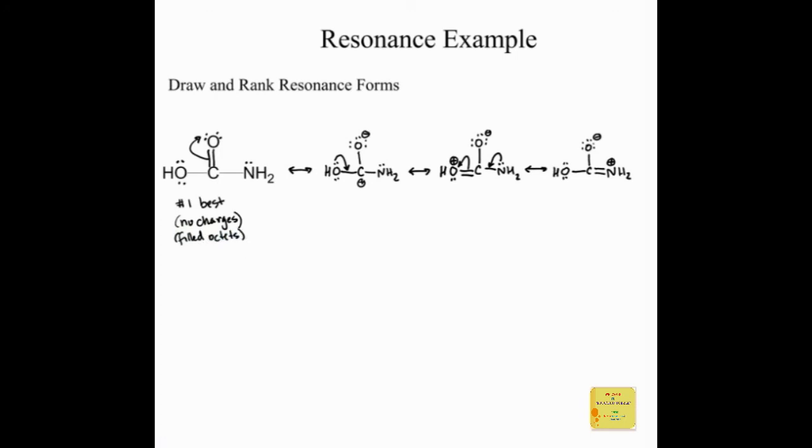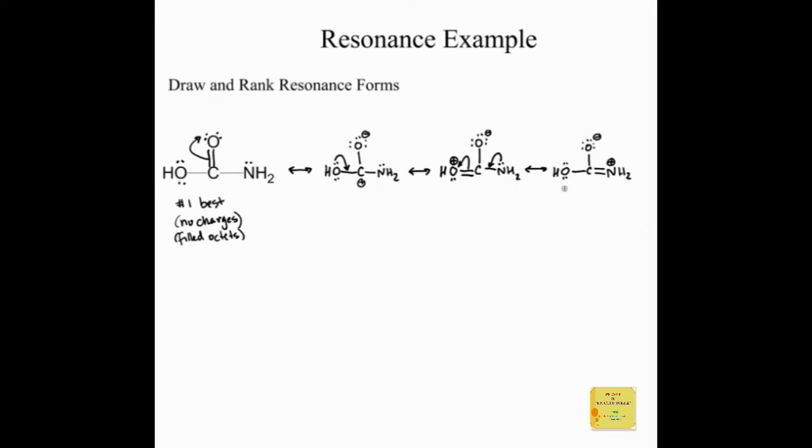So this would be our best Lewis structure. This is the Lewis structure we would typically draw, and this is the one that best represents the hybrid. Okay, but these other Lewis structures also exist, and so that means they are also contributing to some extent to the rest of the structure, to the actual hybrid.